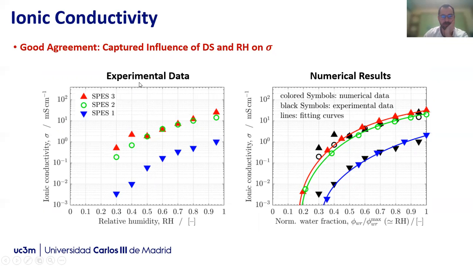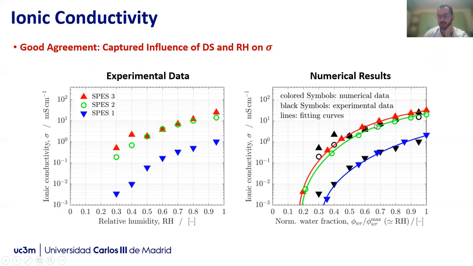Here on the left, we have the experimental data for the 3 membranes with different degrees of sulfonation. Space 3 and 2 have a very high degree of sulfonation, and they have a very good ionic conductivity as a function of relative humidity. Space 1 is much lower. And this is our results from percolation theory.